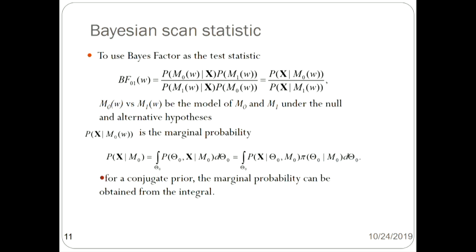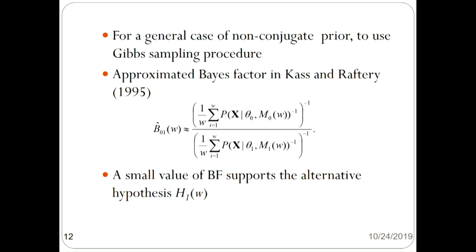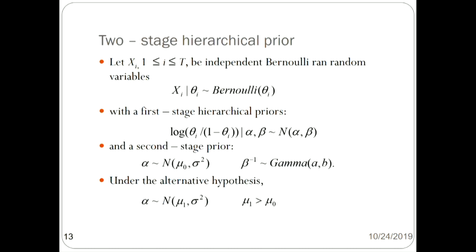Now, the third type of variable window scan statistic is a Bayesian type scan statistic, which is based on an estimate of the Bayes factor by using a two-stage hierarchical prior approach.